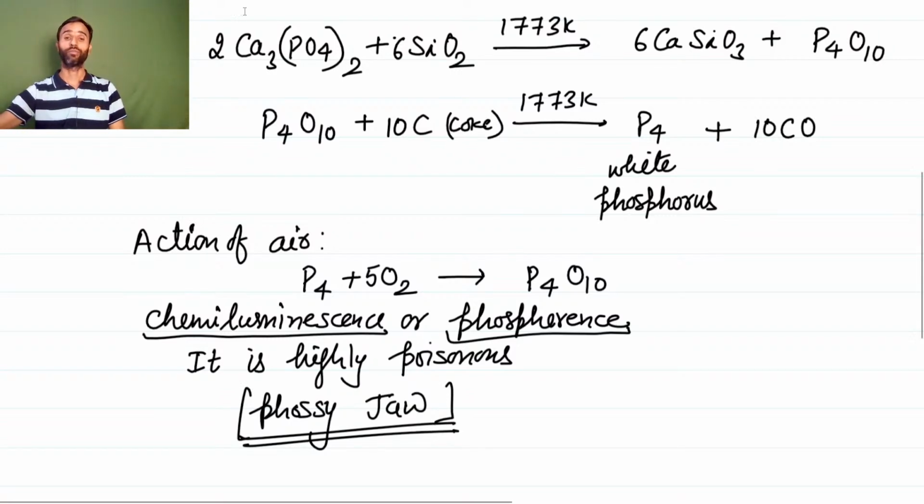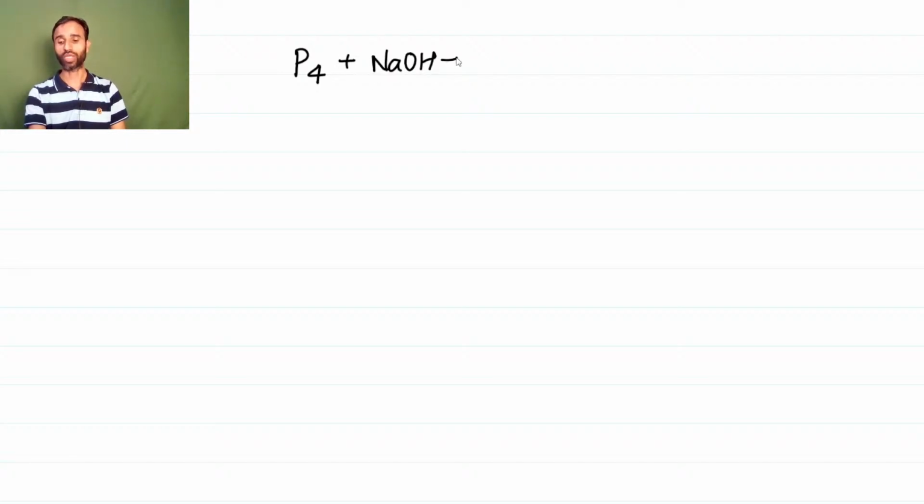Then very good reaction of it is when white phosphorus reacts with boiling sodium hydroxide in an inert atmosphere of carbon dioxide.